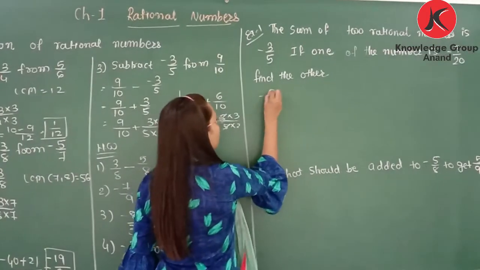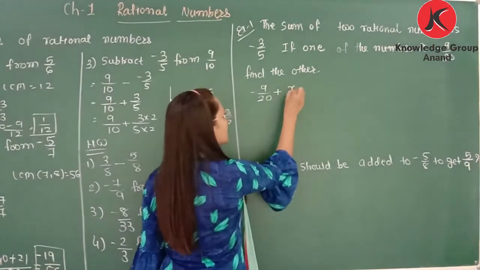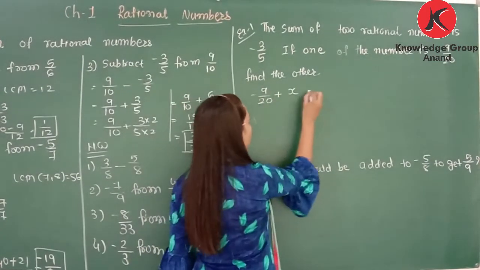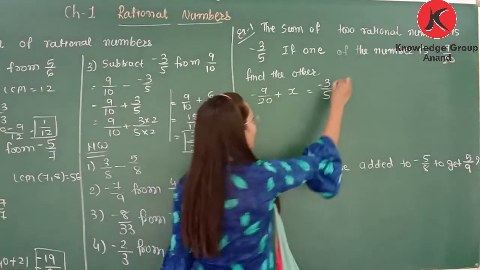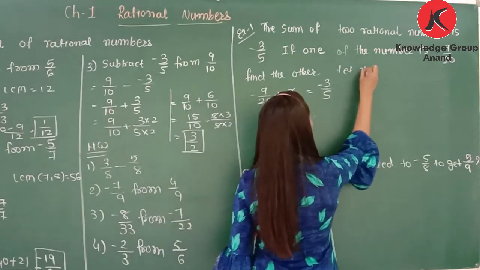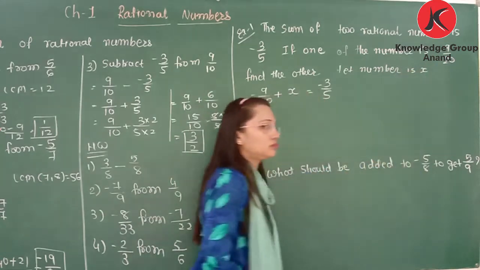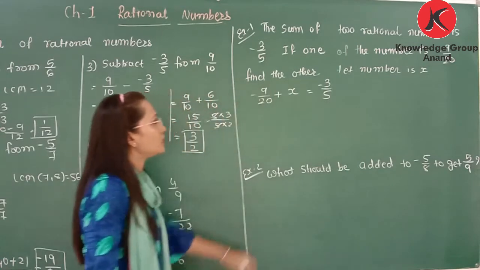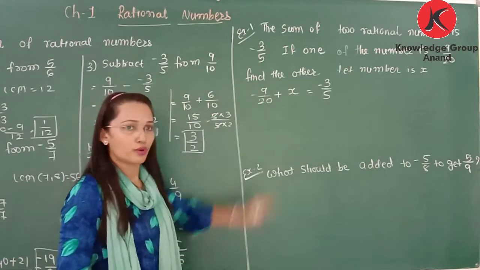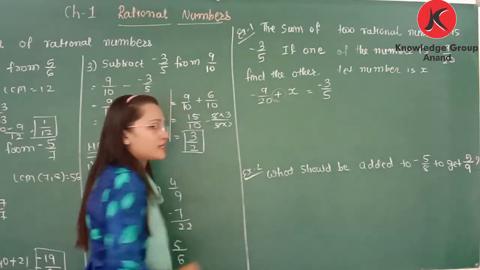So, if one rational number is minus 9 by 20, let the other be x, and the sum of these two is minus 3 by 5. So we can write x plus minus 9 by 20. Here the sum is given, meaning we need to perform the addition of minus 9 by 20 and x.